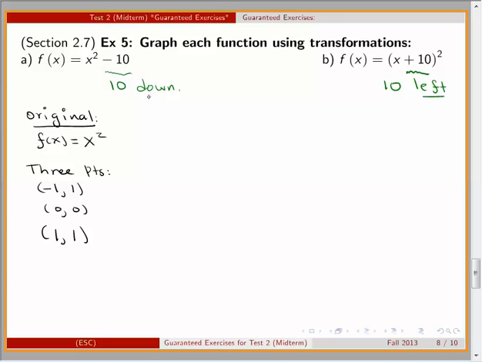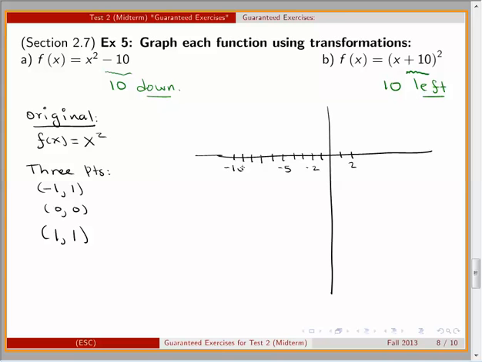Okay, so I'm going to be graphing these two functions a and b in the same xy plane. So let's start with the original function. On the x-axis, I'll need to label 1, 2, and then negative 1, negative 2, negative 3, 4, 5, negative 6, 7, 8, 9, and 10.